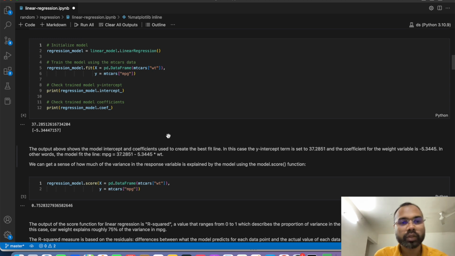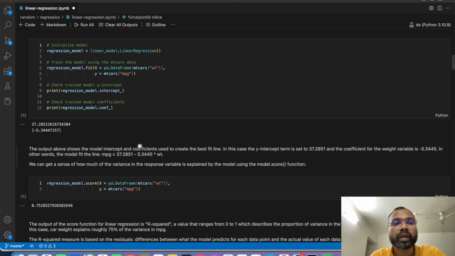So the fit method basically gives you these two values, the intercept and the coefficient. That is why we are doing the fit. What it does is start with some random values of the intercept and the coefficient, which are b0 and b1, and then it iterates, calculating the difference between the true value and the value that it is predicting.